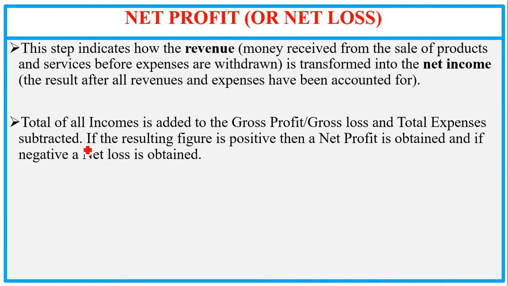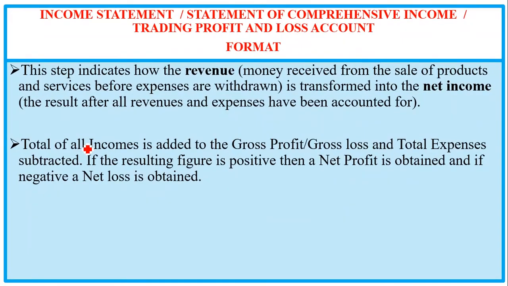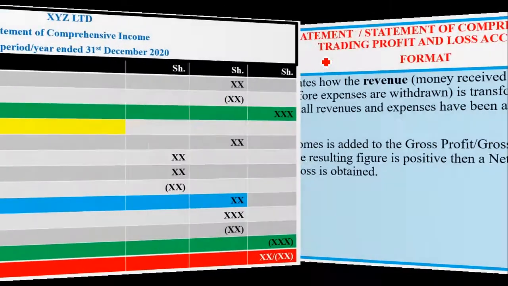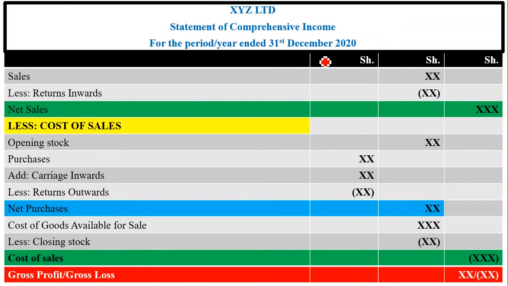To understand this, we are going to look at an illustration that is going to help us understand better. But before that, let's look at the format. The format of the income statement, or what you're calling the statement of comprehensive income, or the trading profit and loss account. So you find that a statement of comprehensive income or a trading profit and loss account contains two accounts in one account.